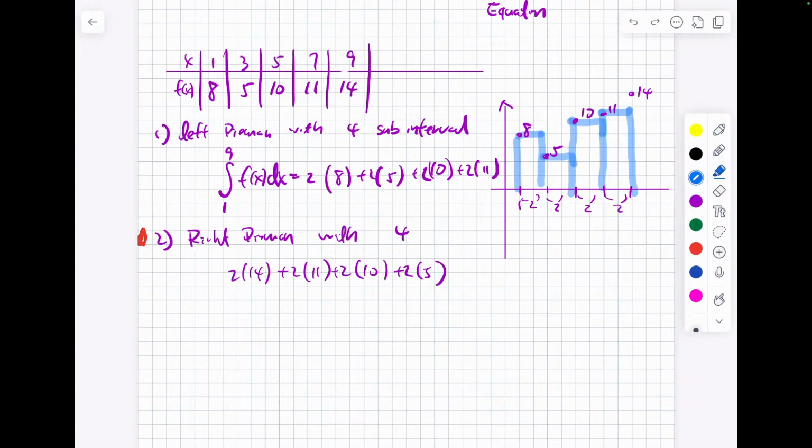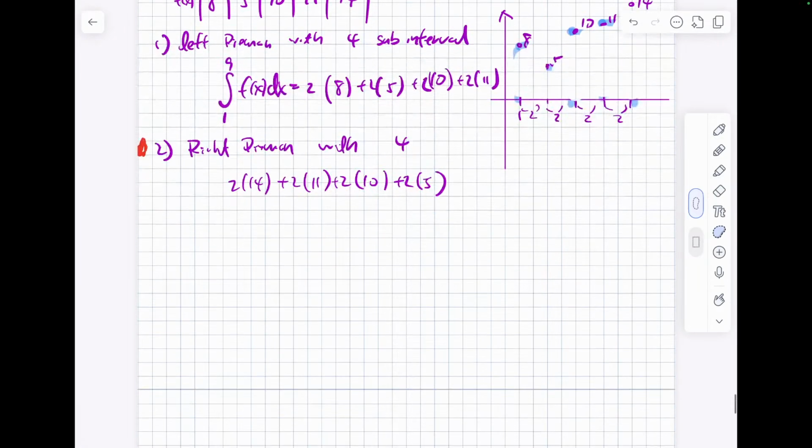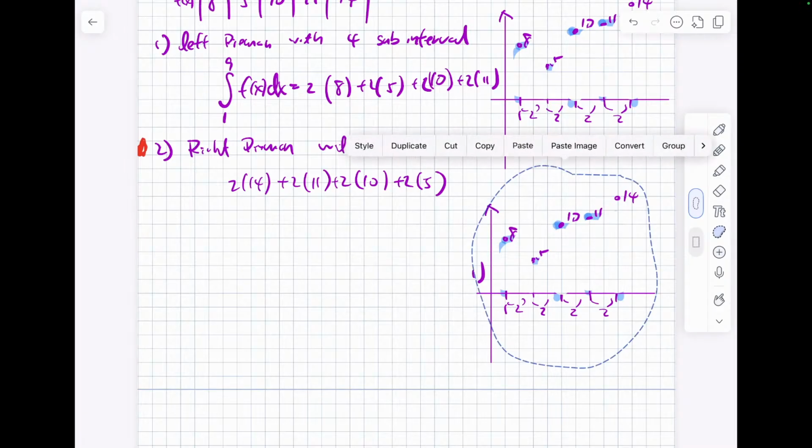If I draw the same thing, let me change this a little bit. Okay, so I copy and paste here.